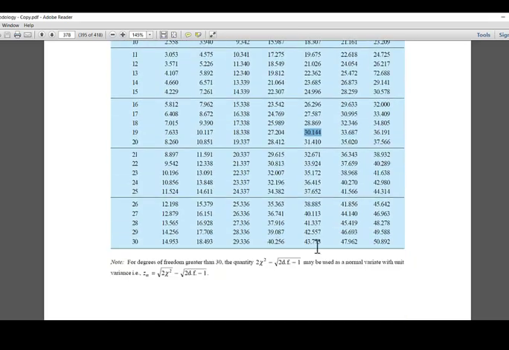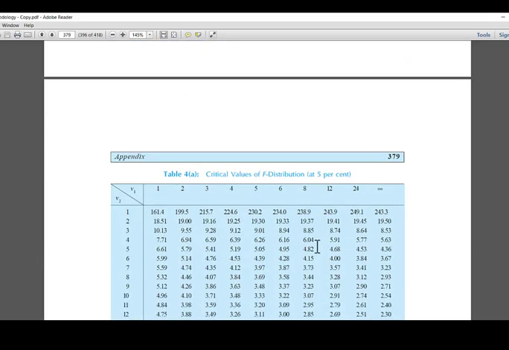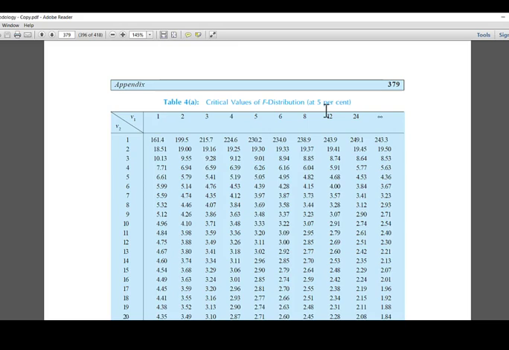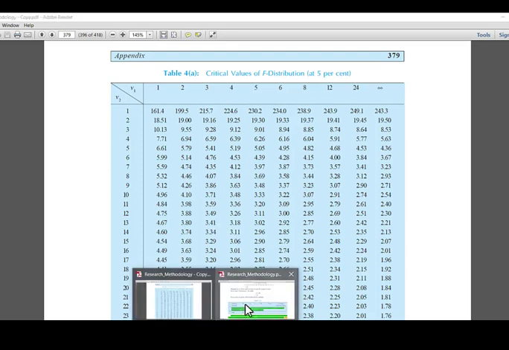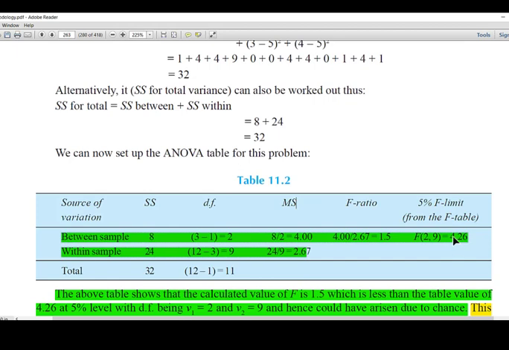The critical values of F distribution at 5%, for V1 equal to 2 and V2 equal to 9, the corresponding F value is 4.26.